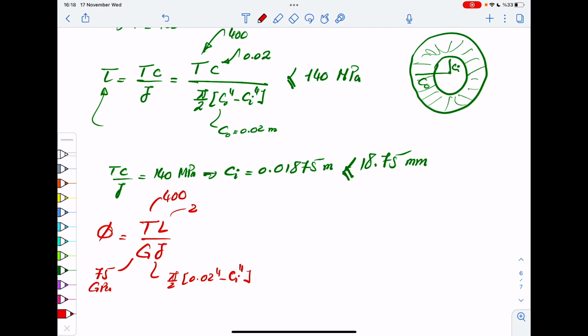And if we do this, then we get Ci to be 0.01247 meter, or rather 12.47 millimeters.